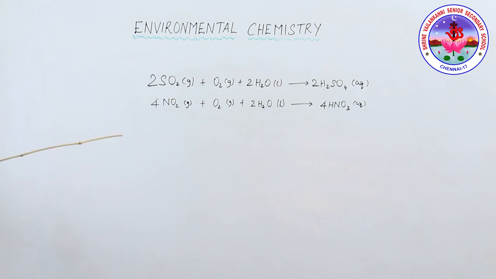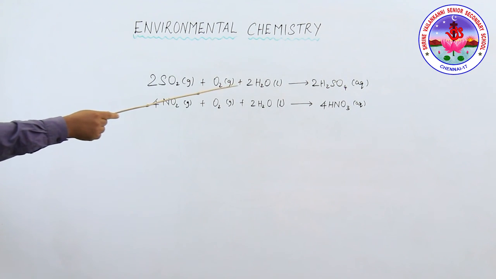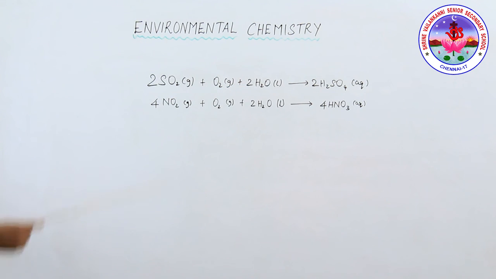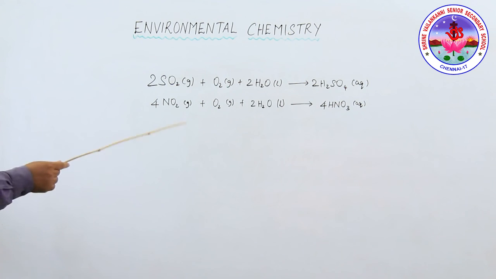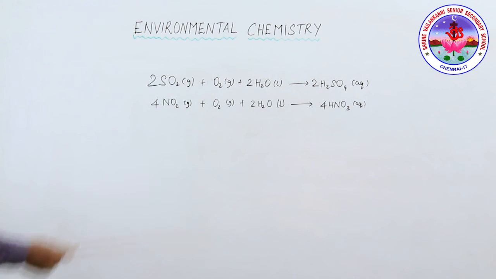Sulfur dioxide and nitrogen dioxide, after oxidation and reaction with water, are major contributors to acid rain, because polluted air usually contains particulate matter that catalyzes the oxidation. Sulfur dioxide reacts with water to form sulfuric acid, and nitrogen dioxide reacts with water to form nitric acid. Usually these reactions take place in the presence of air.